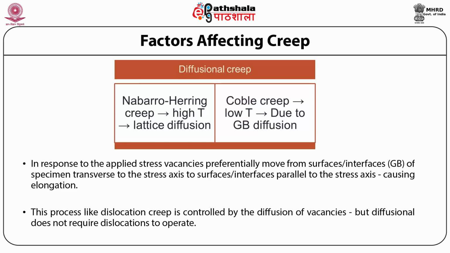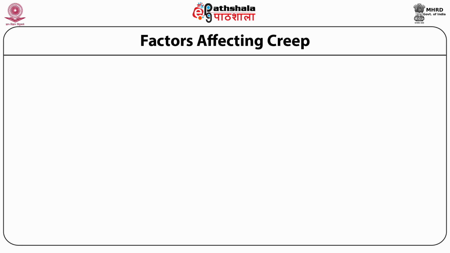This process, like dislocation creep, is controlled by the diffusion of vacancies, but diffusional creep does not require dislocations to operate. Here the figure is showing the flow of vacancies.